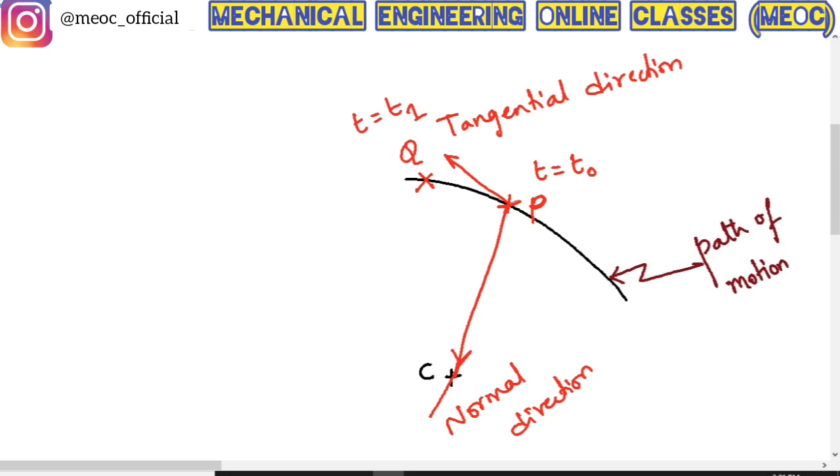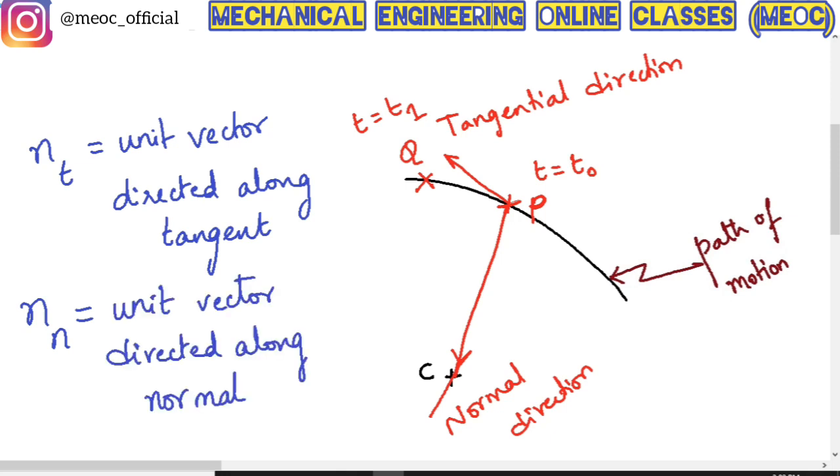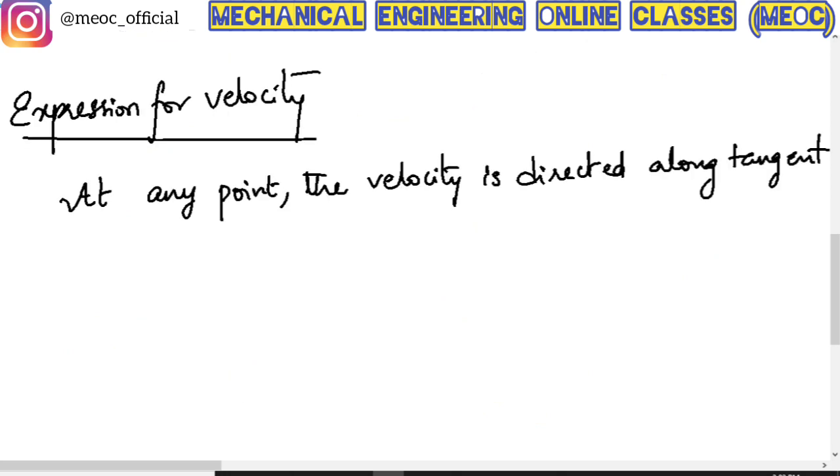So let nt be the unit vector directed along the tangent and nn be the unit vector directed along the normal. So let us see the expression for velocity. At any point the velocity is directed along the tangent.